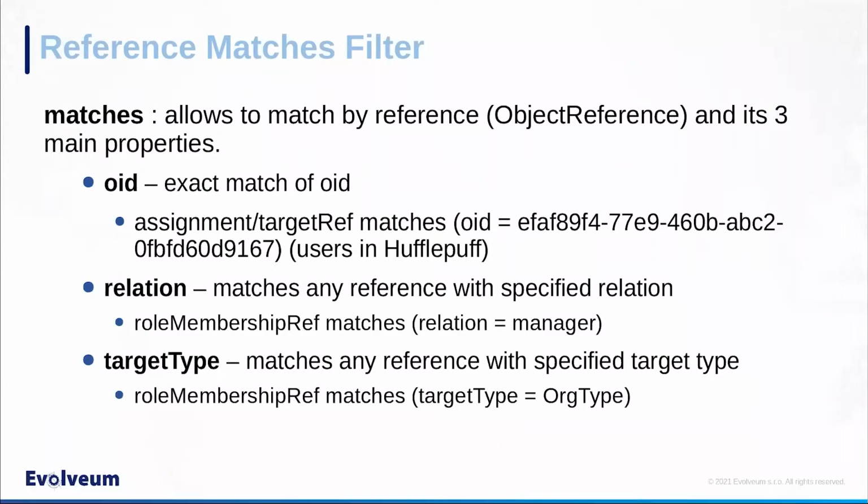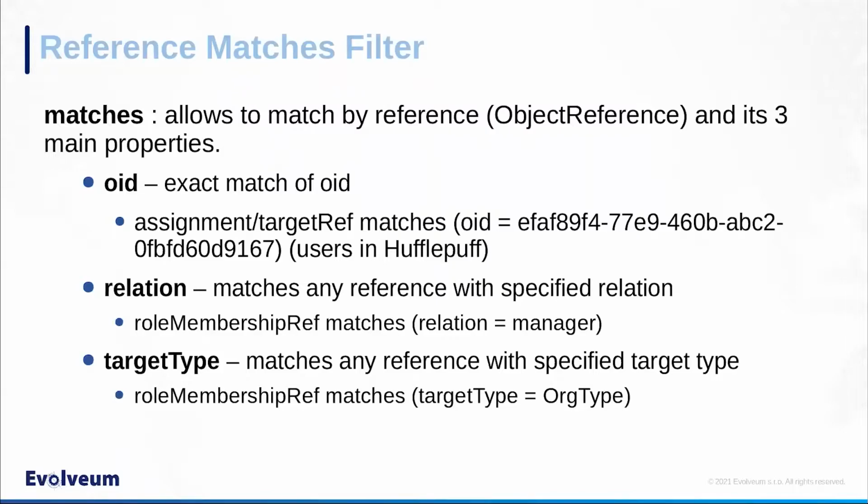Now to the more interesting filters, the reference matches filters. The keyword is matches. These filters usually are on the items which end with ref, and basically work on the object reference type. It allows you to filter on the three main properties of the object reference.